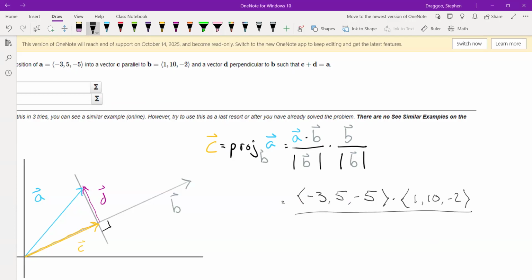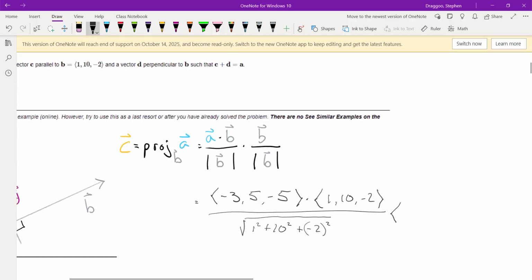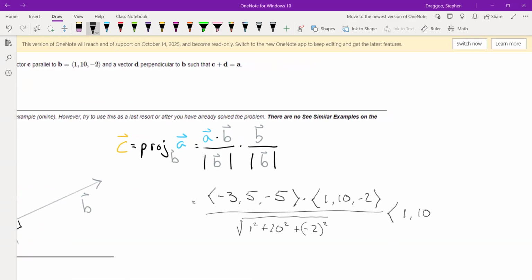All of that is over the magnitude of B squared. So that'll be 1 squared plus 10 squared plus -2 squared. And then I'm going to take that whole thing and just multiply it into b, 1, 10, -2. And I'll just come over here and highlight that part in blue because everything else is based on vector b.